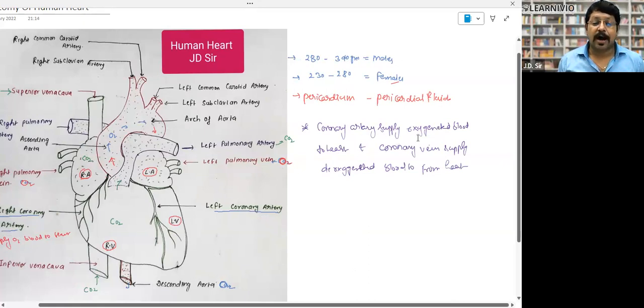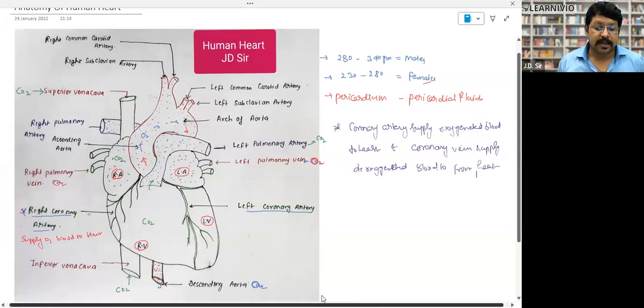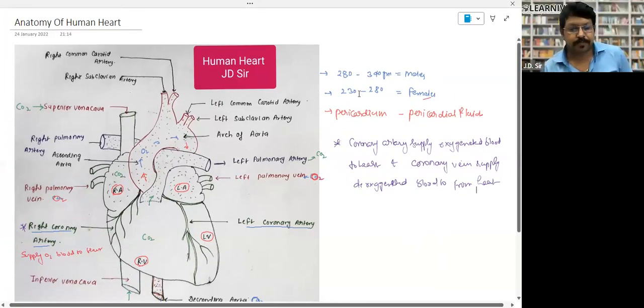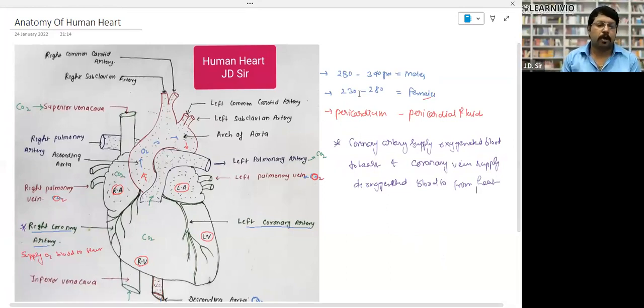The coronary artery supplies oxygenated blood to the heart. And there is a coronary vein, which brings back deoxygenated blood from the heart. Please note down this factual point. This is important. Coronary artery has been asked already twice. Note down, please.